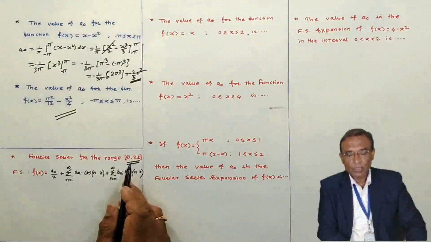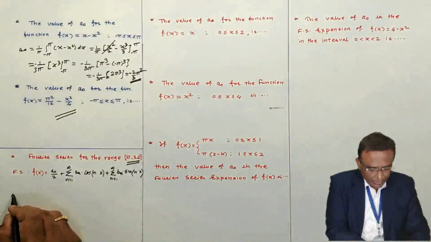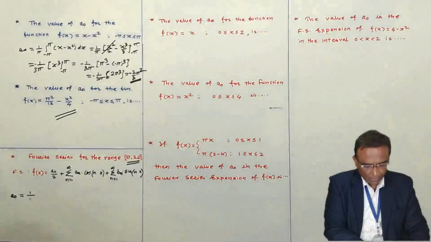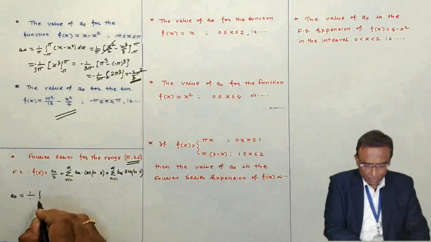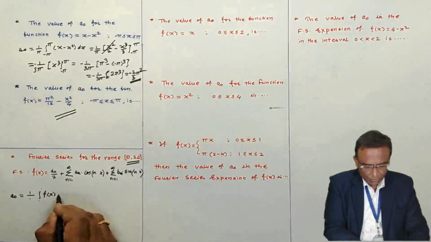I want to write the Fourier series formula for 0 to 2L, remember? Where a0 is equal to 1 by pi, integral from 0 to 2L. This is the formula for a0.